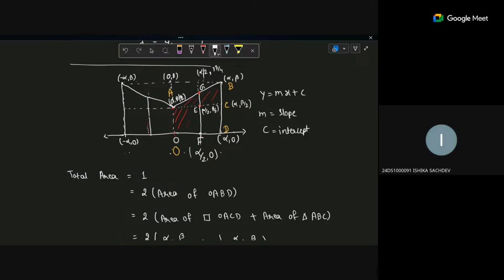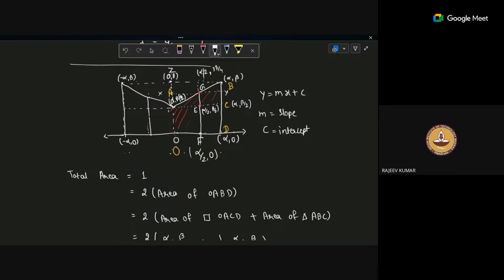So again, you can draw one more line, let's say XY. And let's say this point 0 comma beta is Z. Do you know the length from A to Z? It's beta by 2, right? That means your point X will be at beta by 2 divided by 2, beta by 4.